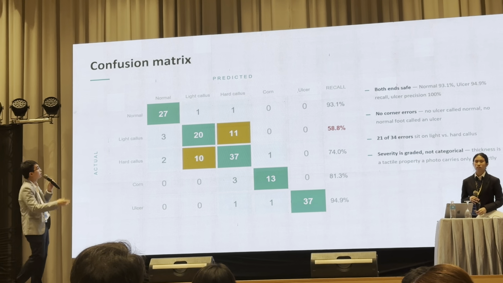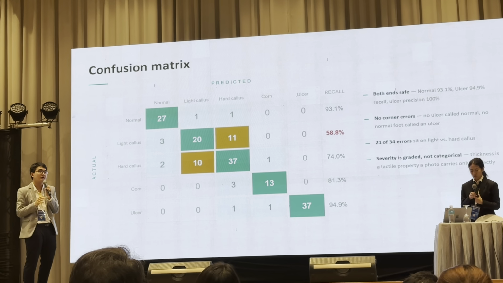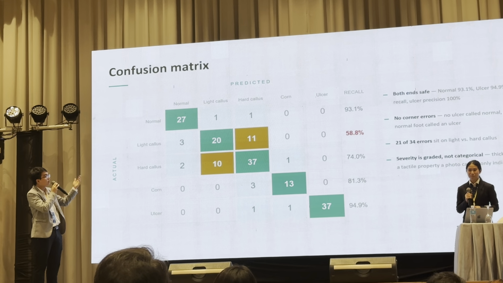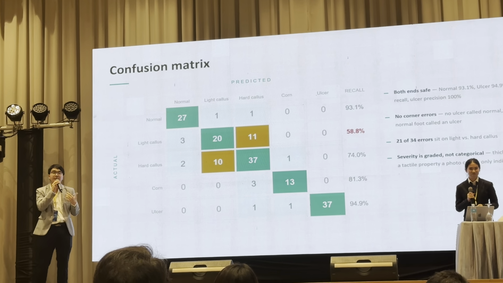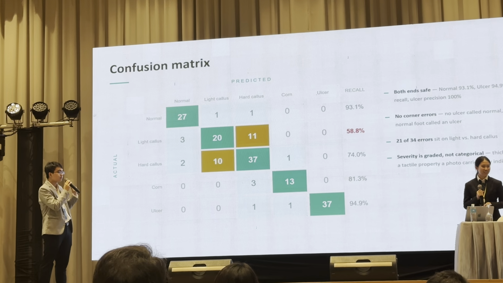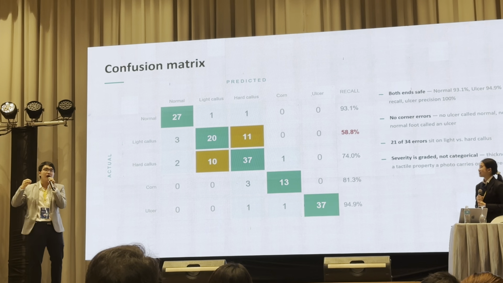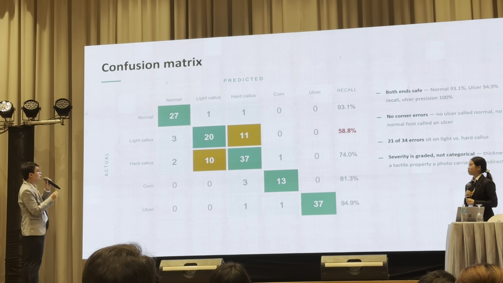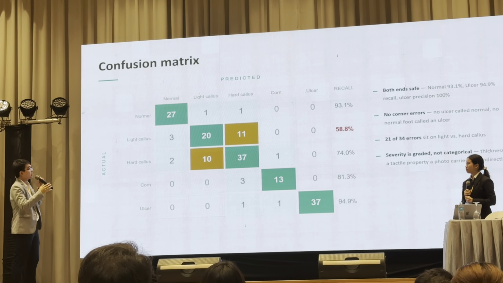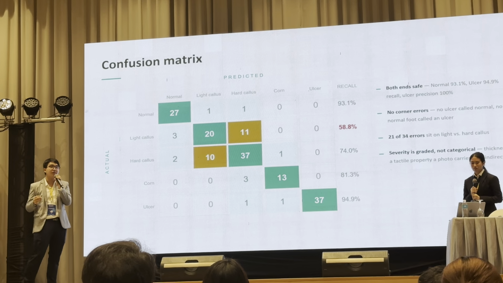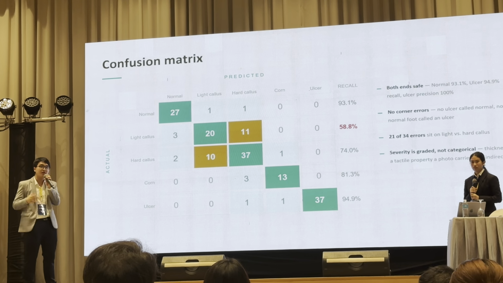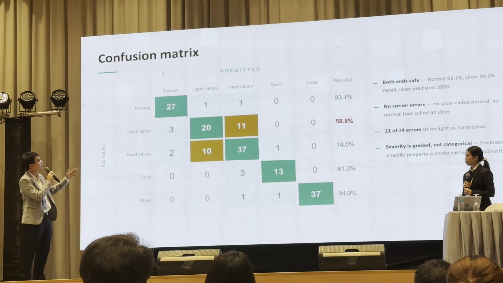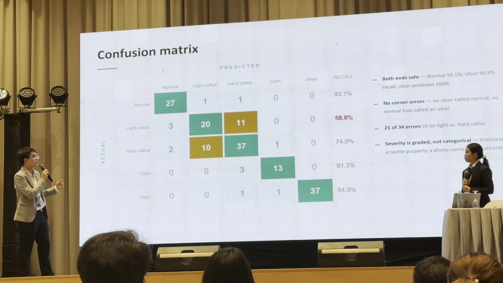However, it confused light and hard callus specifically, as would most normal humans, and light and hard callus separation typically requires specialist treatment and a specialist view to be able to discern the splits. So our accuracy of 79.8% is somewhat deceiving, as our recall for other classes stands fairly high.